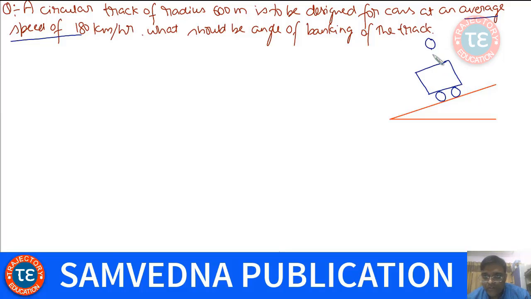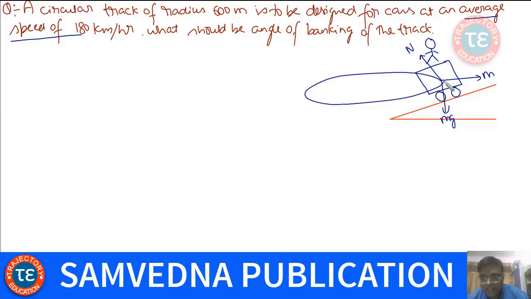So if I keep my observer in the frame of car, then the free body diagram would be what? Free body diagram is, this is mg, you have normal reaction, and on this side, the car has to take turn like this.